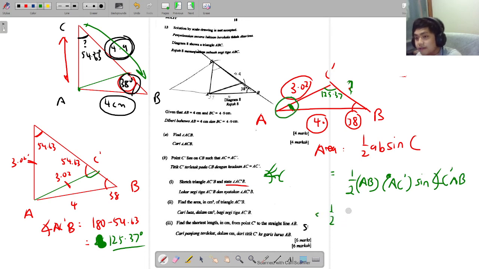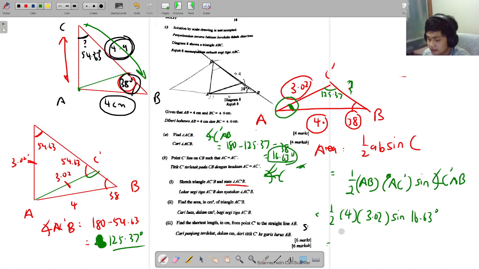So it will be half, AB is 4, AC prime is 3.02, and sine of CA prime B is 180 minus 125.37 minus 38. So it's 16.63 degrees. Just to put a note here: 180 minus 125.37 minus 38, and that is 16.63 degrees.